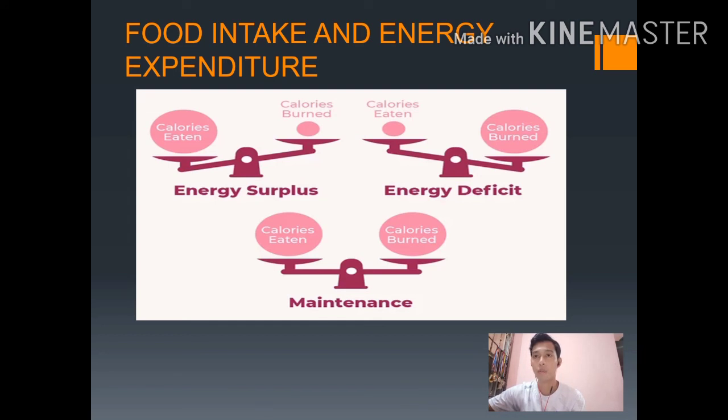So you can compare athletes' energy with just a regular person's energy. So this is simple for us. To maintain our body weight, it is necessary to balance energy derived from foods.